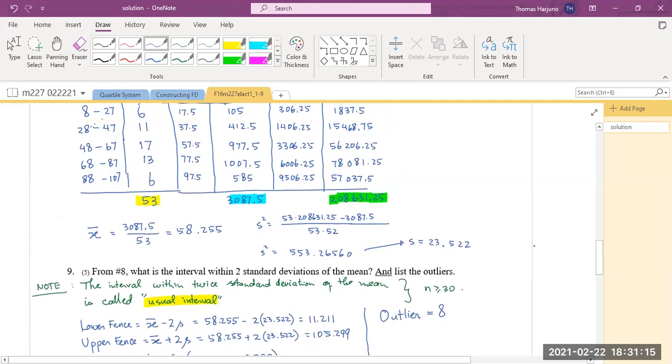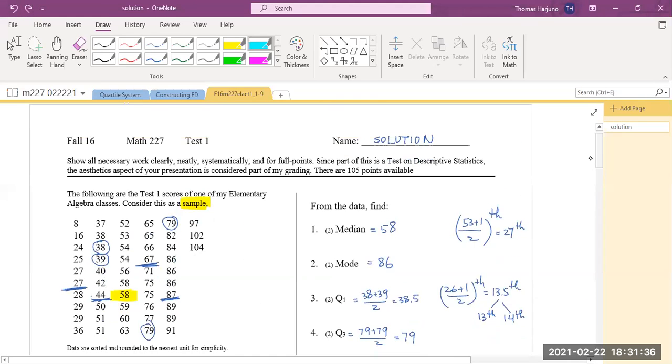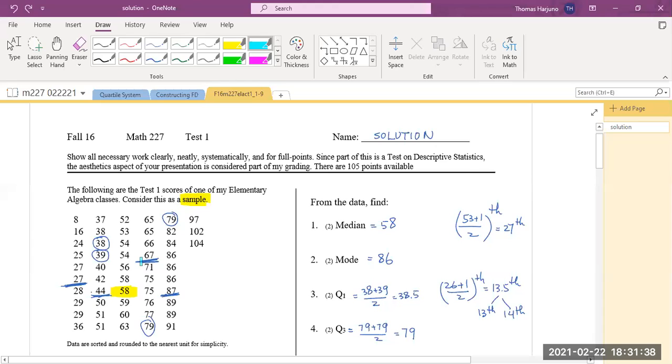The mean we found to be 58.255, which is not passing. The average is not passing. So yes, on average this class is not doing well, but if you take a look at the numbers here, you see how many people are actually passing the test: 19 of them passing the test.